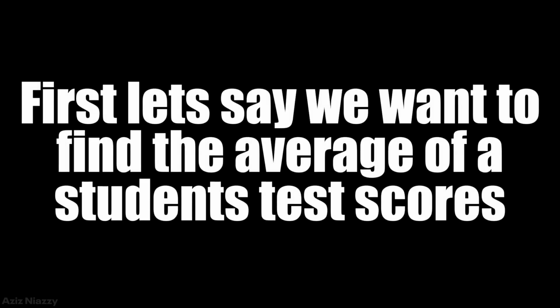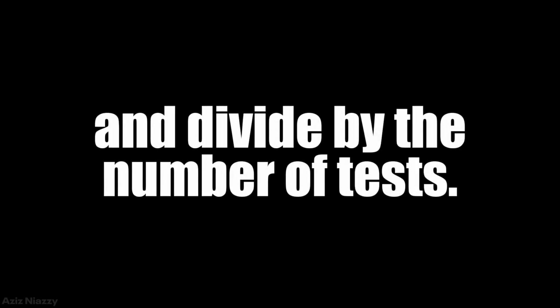So now we move on to part 3, which is writing numerical expressions with real-world examples. First, let's say we want to find the average of a student's test scores. To do that, we add all the scores and divide by the number of tests.